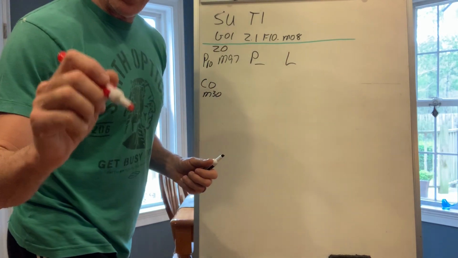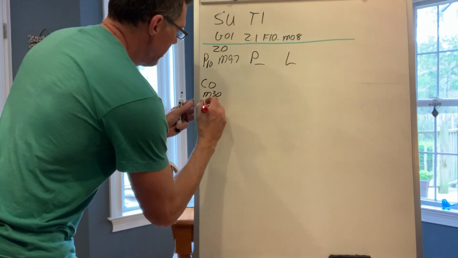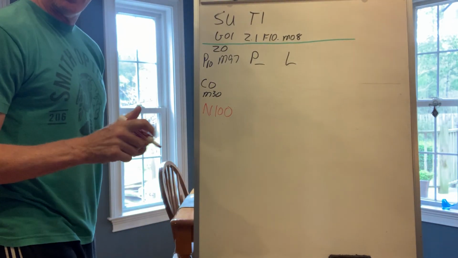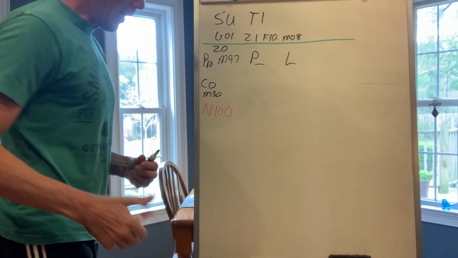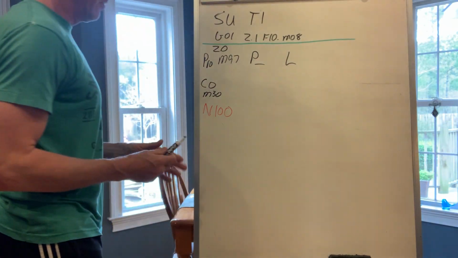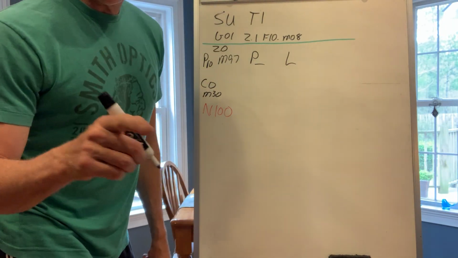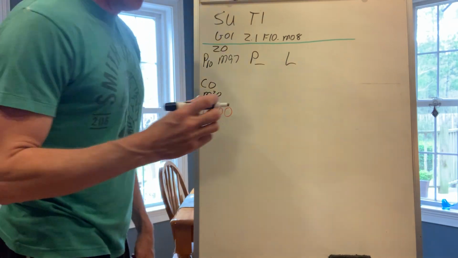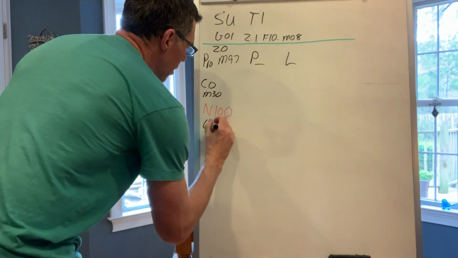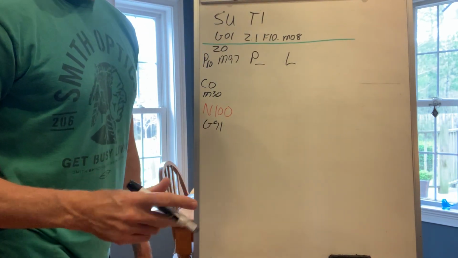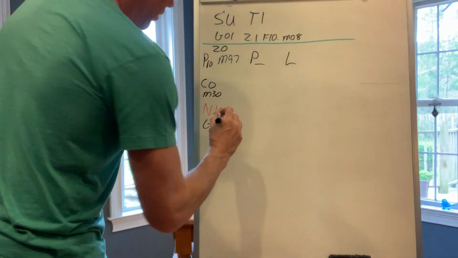And I'm going to name it line N100. That's why I'm writing it in red. N100, right there. Line N100. The very first thing you're going to do is you're going to go to incremental, G91. And you're going to say Z negative 0.105.